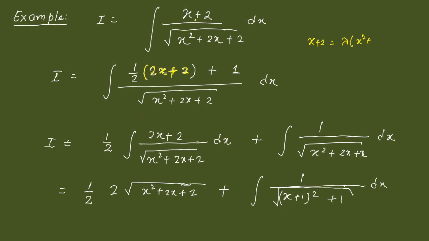Suppose I want to write this x + 2 with the denominator x² + 2x + 2 as lambda times the derivative of this, which is 2x + 2, plus mu, and we have to find lambda and mu. Of course, without finding lambda and mu, we can simply write it.